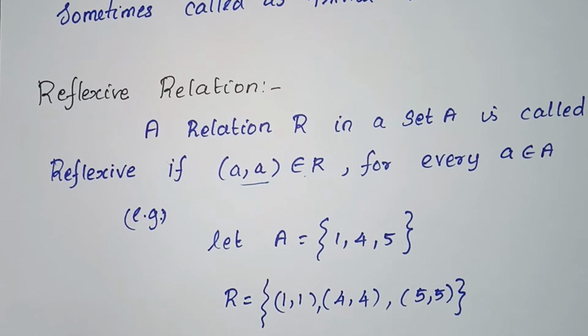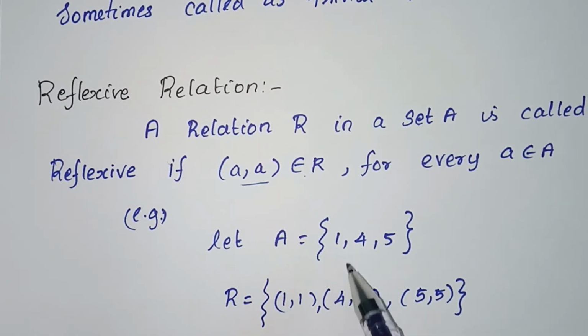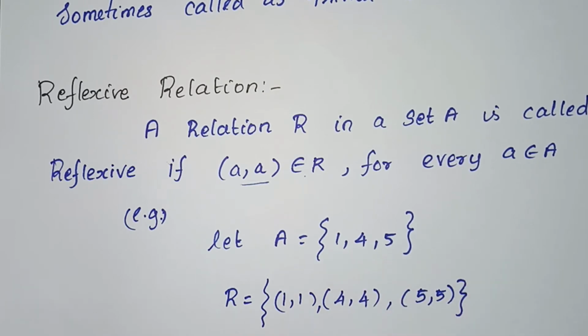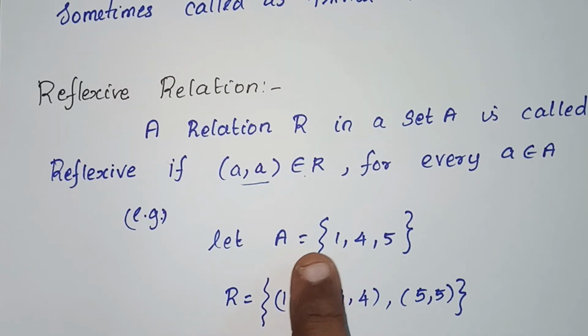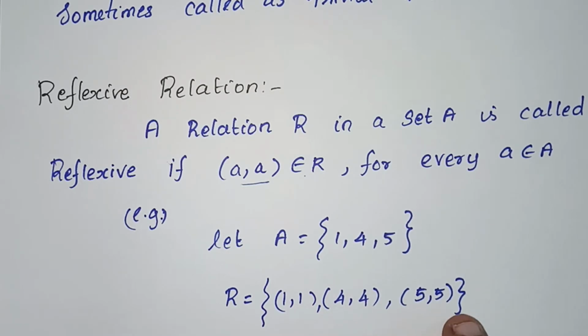For example, in this set A we have 3 elements: 1, 4 and 5. Reflexive relation means each element is mapped with itself. So 1 is mapped with 1, 4 is mapped with 4, 5 is mapped with 5. Each element is mapped with itself. So this relation is called reflexive relation.